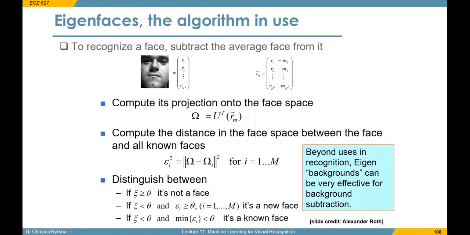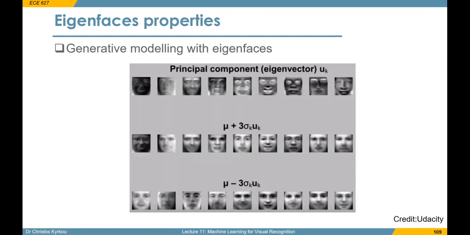Okay, and this can be extended into what are called eigen backgrounds if you want to find effective background subtraction methods. Eigenfaces have some interesting properties. If we take, for example, the mean face and add some principal component to it, we get this picture.